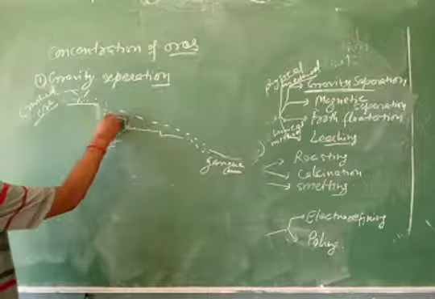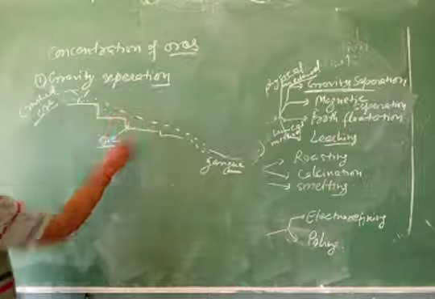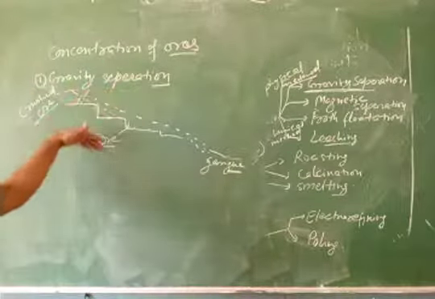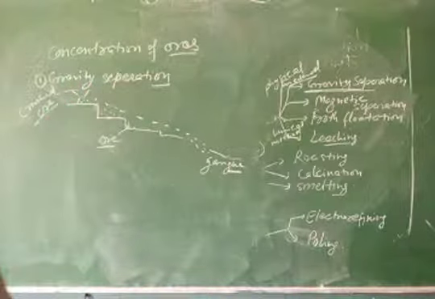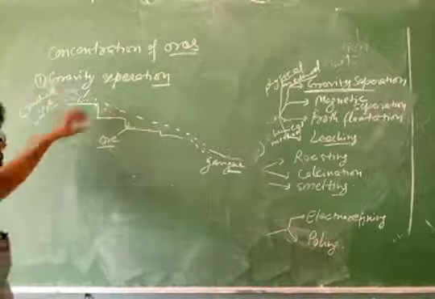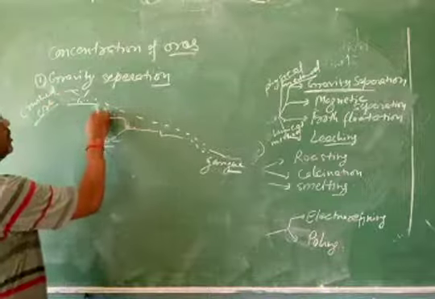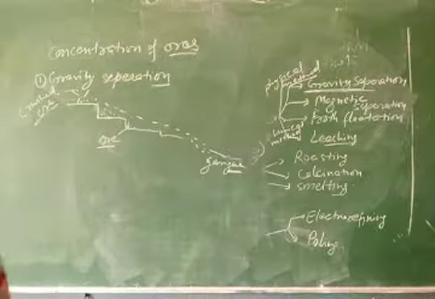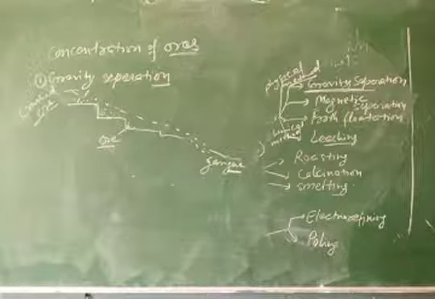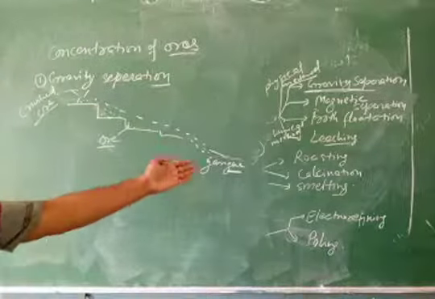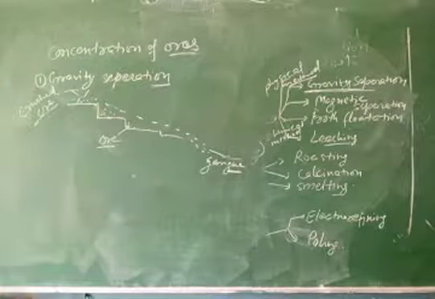Due to this, heavier ore particles gradually move from the top to the bottom of the table, and lighter gangue particles are washed away with water.